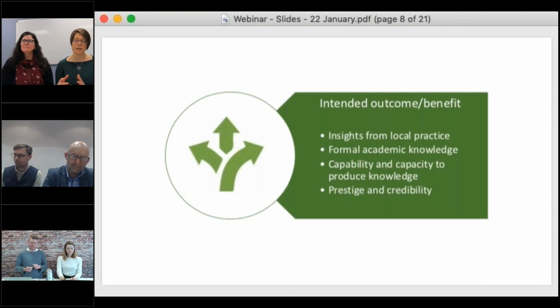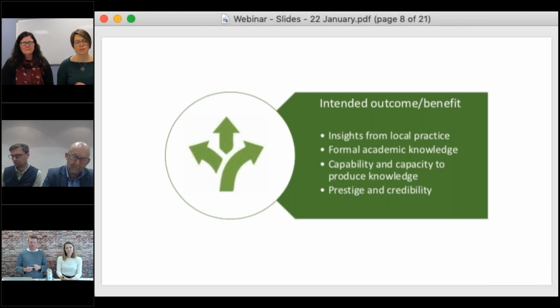underpinning the different initiatives. The first intent is to develop insights from local practice, and we saw this in initiatives which focused on evaluating a local service, as well as those which supported ongoing service improvement and practice development within a health service setting. The second possible intended outcome or benefit is to develop more formal or generalisable forms of knowledge which can be applied to different settings or organisations.